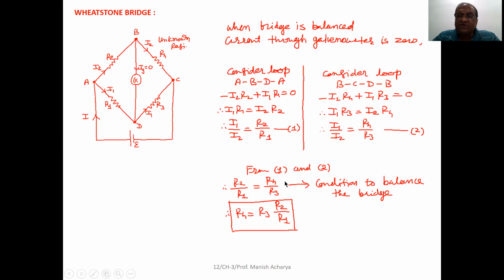So this is the condition to balance the bridge. If this condition is satisfied, definitely the bridge will be balanced and there will be no current through the galvanometer.